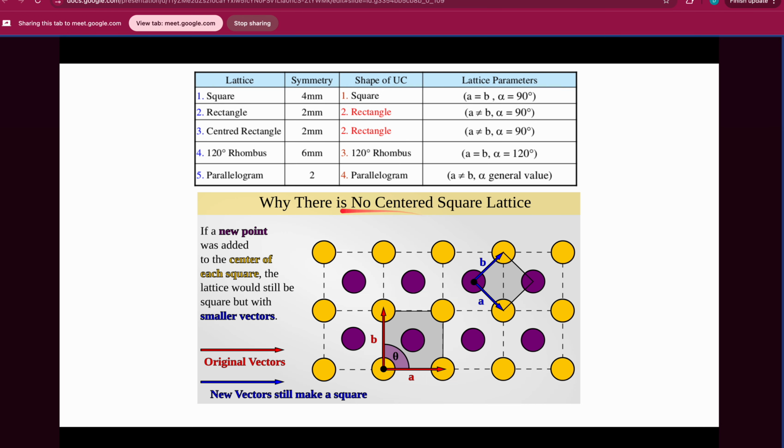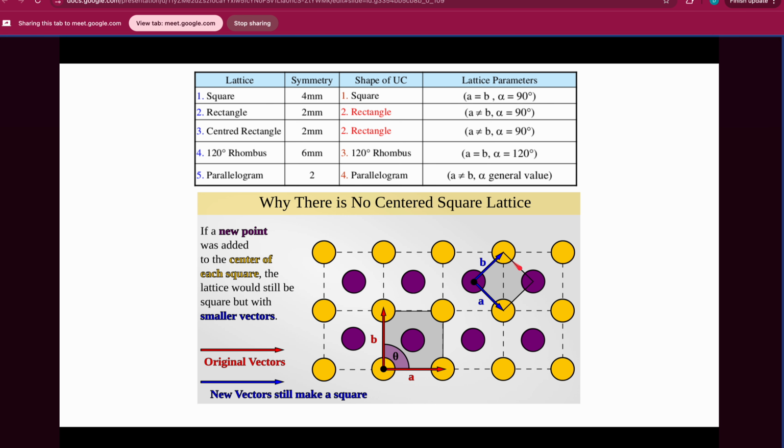There is also an example: as we have considered rectangle and centered rectangle, why not centered square? This is just a question in which they have shown that if we consider a new point in the middle of the unit cell, then from these two middle points we need to construct another, because a centered square lattice will have the points in the center.